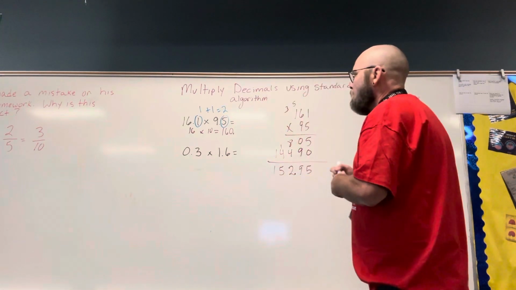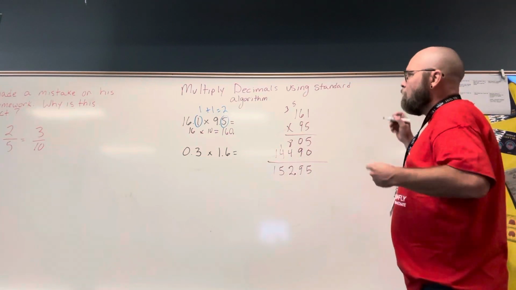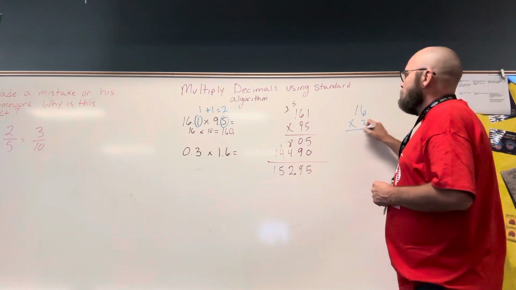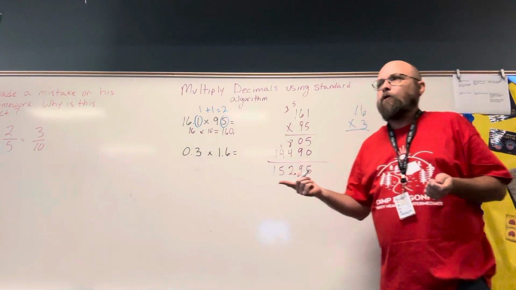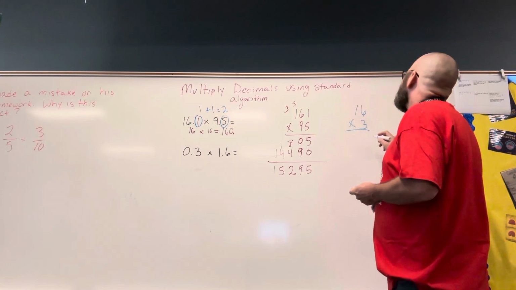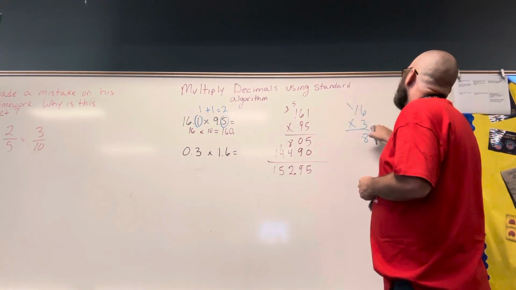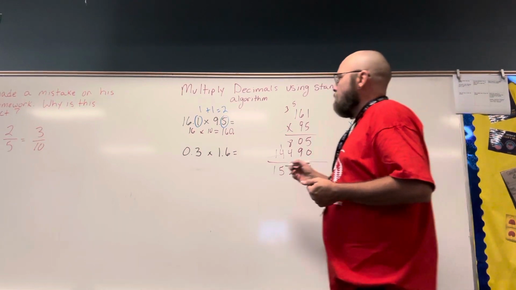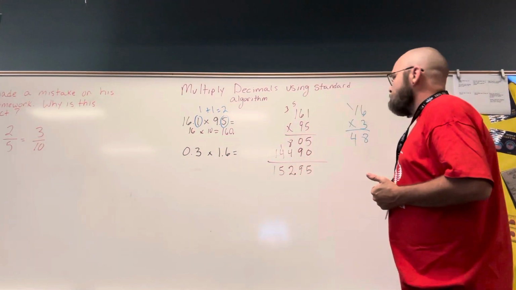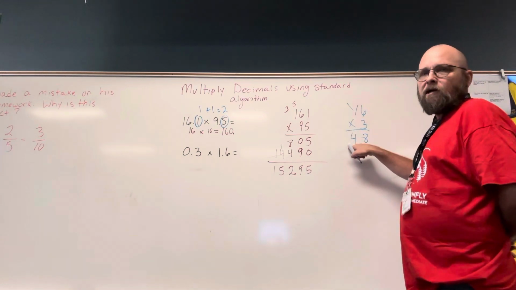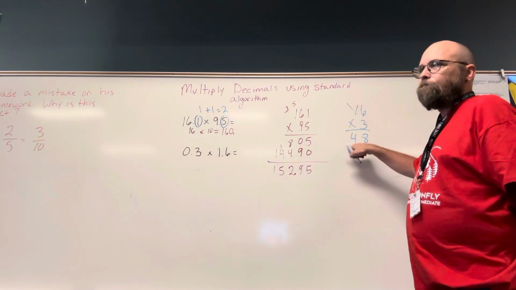Let's check. Again, I'm going to do this problem without the decimal points. Just 16 times 3, and I'll put the decimal point in my answer at the end. 6 times 3 is 18. 3 times 1 is 3, plus 1 is 4. I know it should be less than 1 6/10. If I put my decimal point here, is my answer going to be less than 1 6/10?